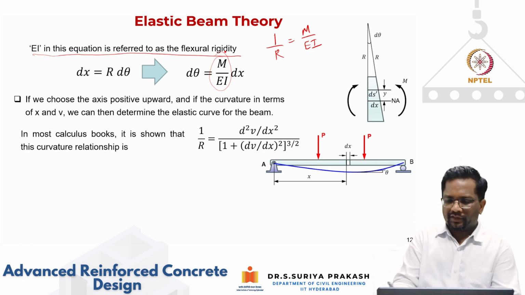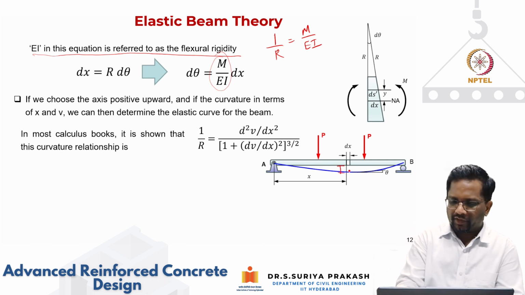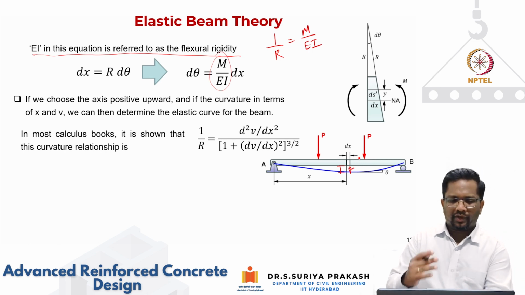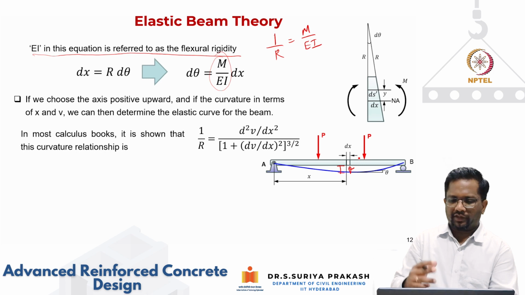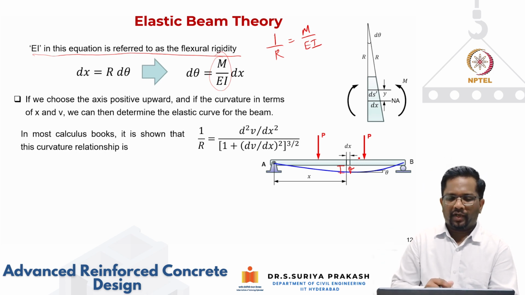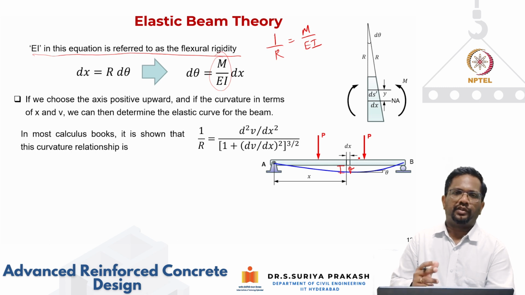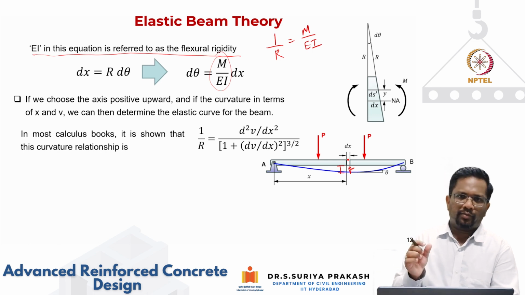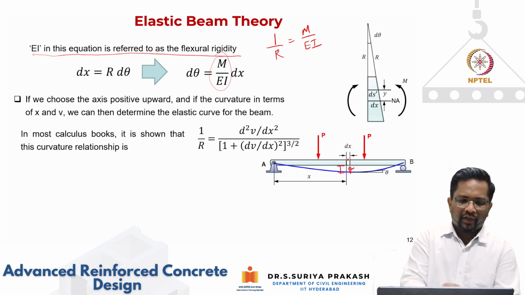Now, if deflection is in this case, let's say this is your deflection v, and you choose your deflection axis v as positive upward, then the curvature can be expressed in terms of x and v. x is the section at which we are taking the small elemental length dx, and we can determine the elastic curve.